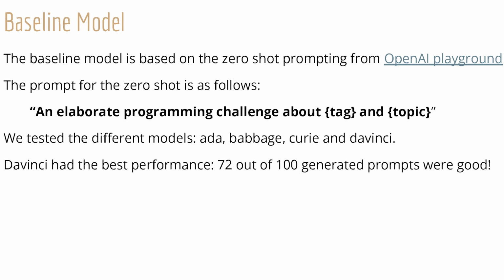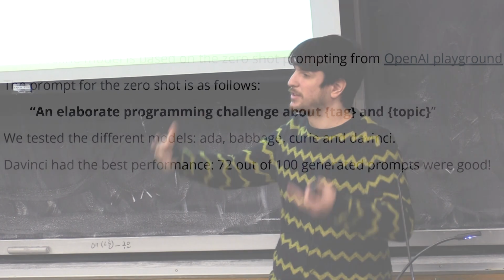For our baseline, we used zero-shot learning with GPT-3. Our best result was with DaVinci, and our prompt looks like this: an elaborate programming challenge about the tag, meaning the type of problem, and the topic, which is the title.